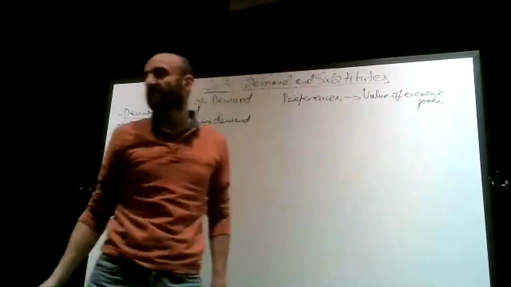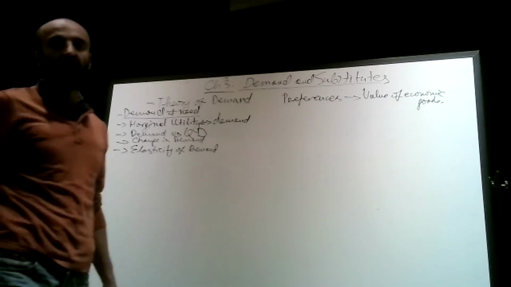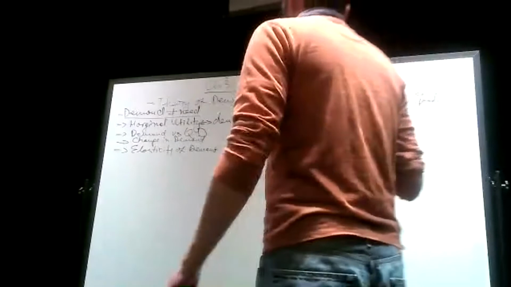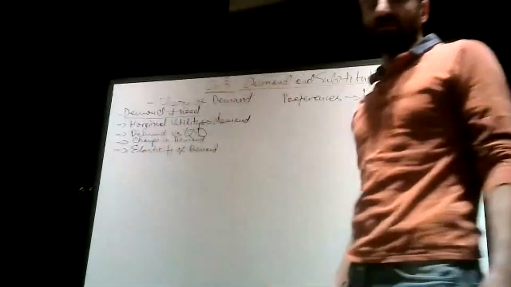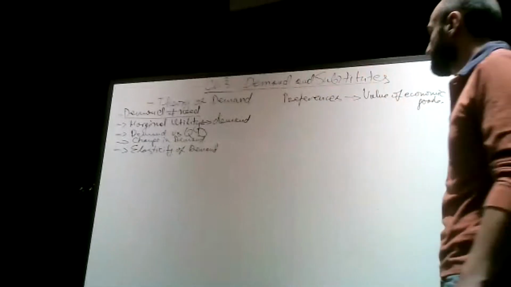You can say that human needs and human wants is what determines the economic value. Now, we very often confuse in our everyday speech the concepts of demand and need, and they're different.